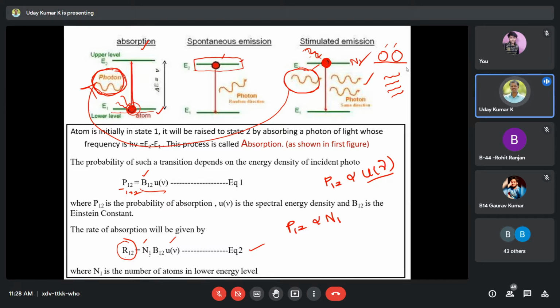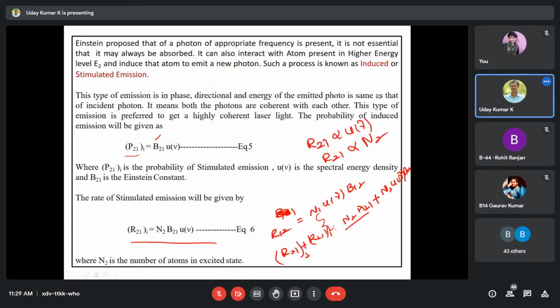There you get identical photons released in the same direction, because all these photons are identical. So they have the same energy, the same wavelength, and the same phase difference. All of that is the same, so they are released in the same direction. That's how you have a stimulated emission process.